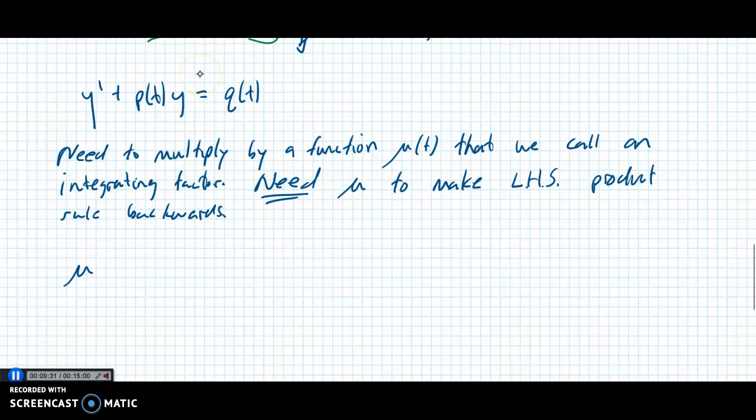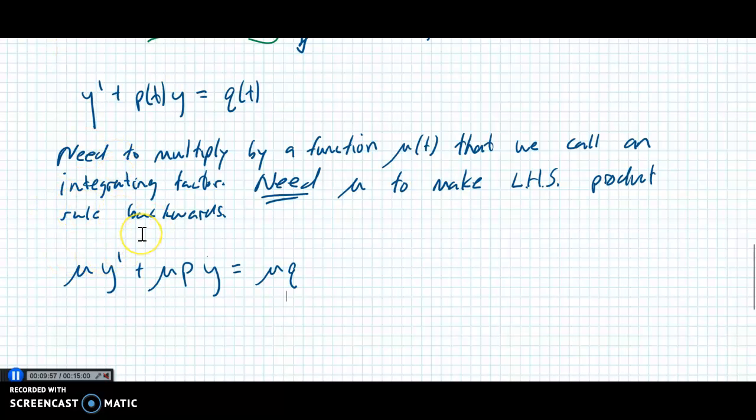So mu times y prime, both those are functions of t, plus mu times p times y is equal to mu q. Sounds better that way anyway.